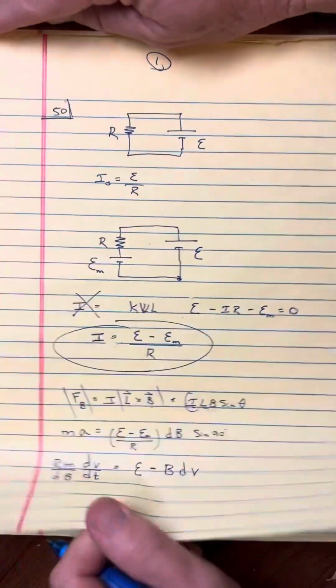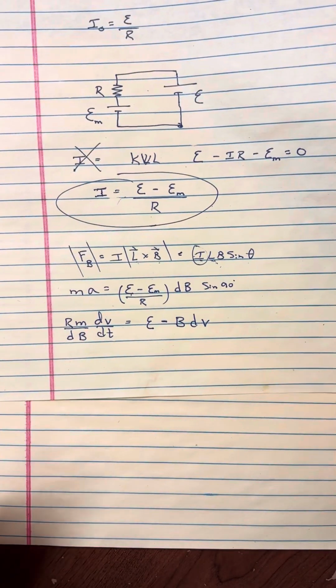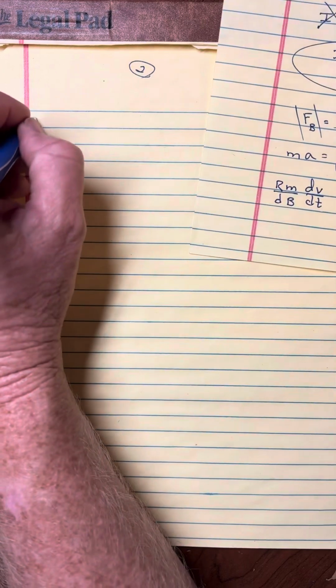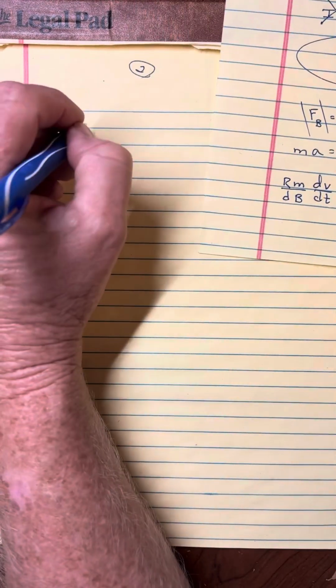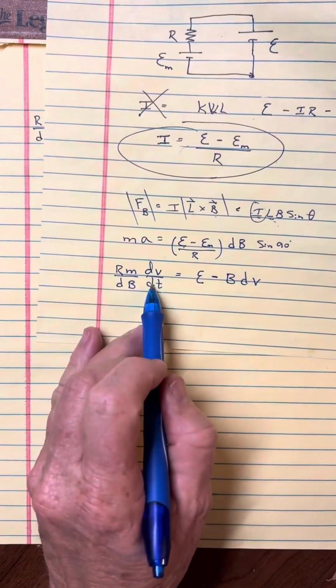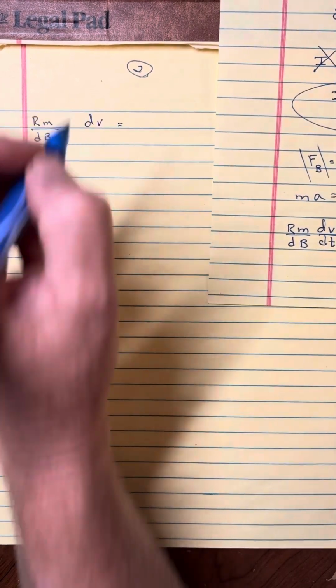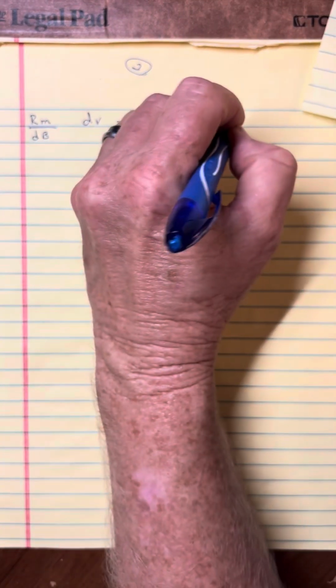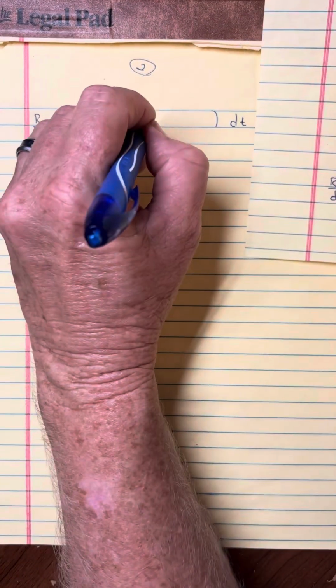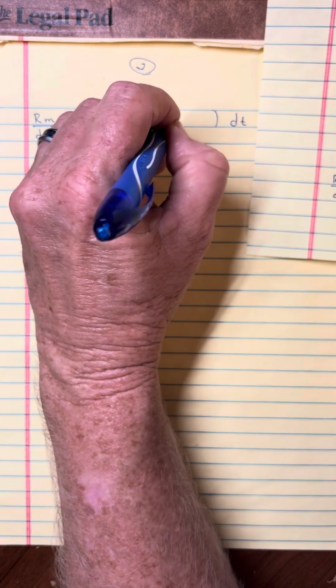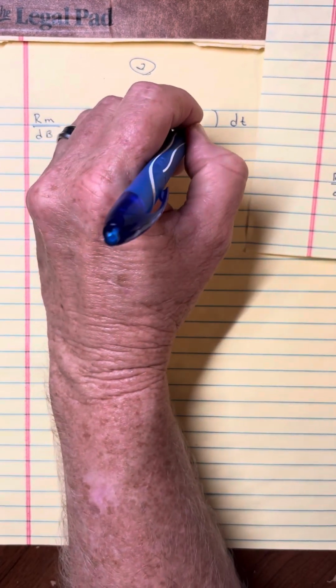This is called separation of variables, and not all problems are separable, but the easiest ones are, and this appears to be a little tricky to get there. Let me just leave the R, the m, the d, and the B alone here. But I'll leave the dv over here on the left-hand side, and I will move the dt to the other side. And that might be the first step.